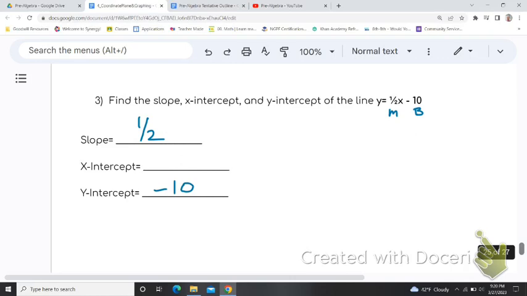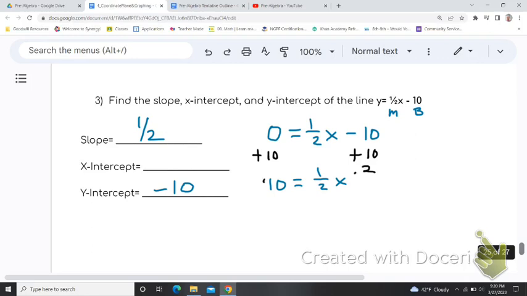The x-intercept, put a 0 in for the y, 0 equals 1/2 x minus 10. So I'm going to get rid of that negative 10 by adding 10. 10 is equal to 1/2 times x. To get rid of the 1/2, I'll multiply by 2.